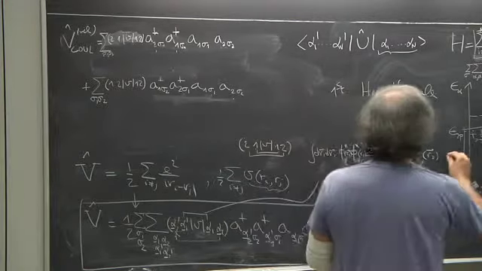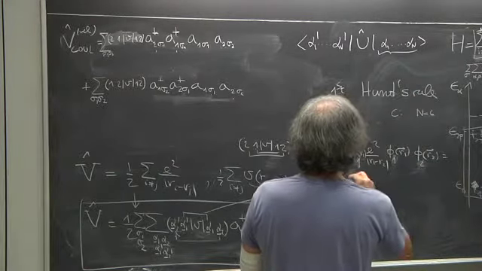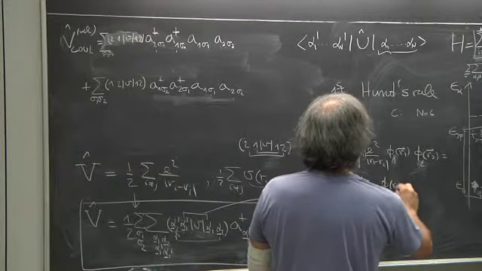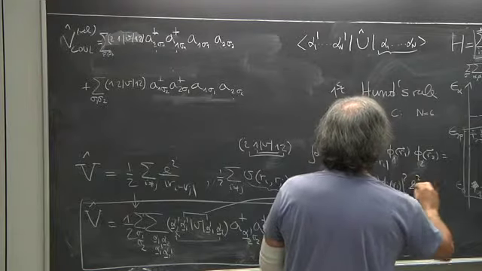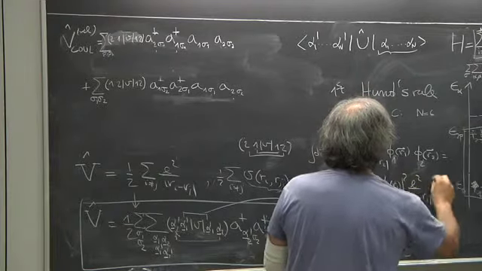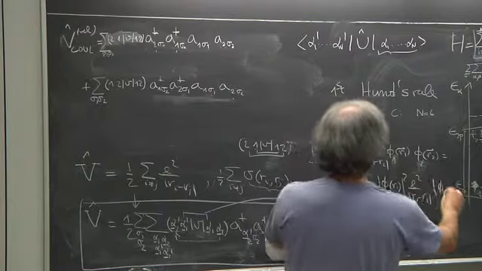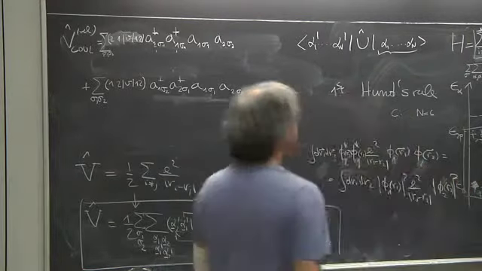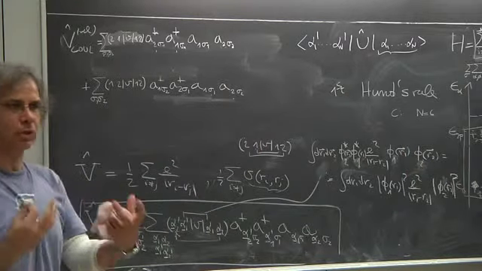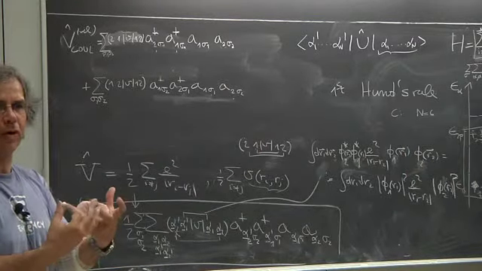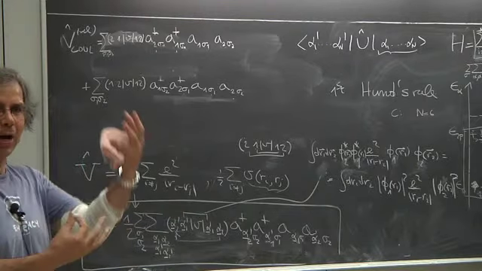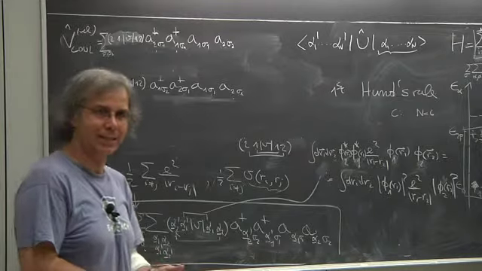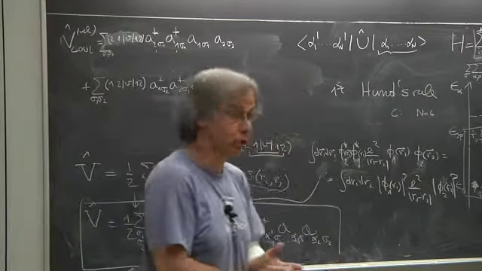So I can rewrite this as integral of phi 1 R1 modulo square E square over R1 minus R2 phi 2 R2 modulo square. Okay? So this is an obvious interaction between the two charge distribution in orbital 1 and in orbital 2. Okay? So this is exactly what classically the two charge distribution would cost.